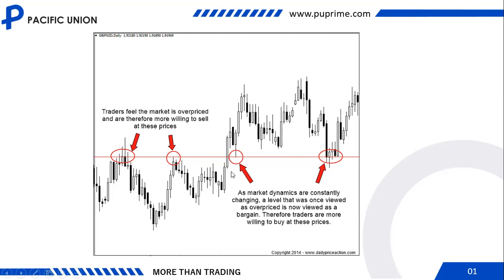So you see that, as market dynamics are constantly changing, a level that was once viewed as overpriced is now viewed as a bargain. So you could see that people maybe looked at that zone as being overpriced because of the rejection. Now you see that price is conveniently just sitting down on it, right? You see it, and the wick is far below down.